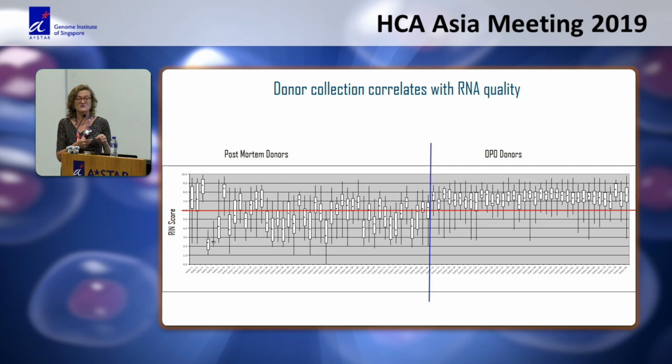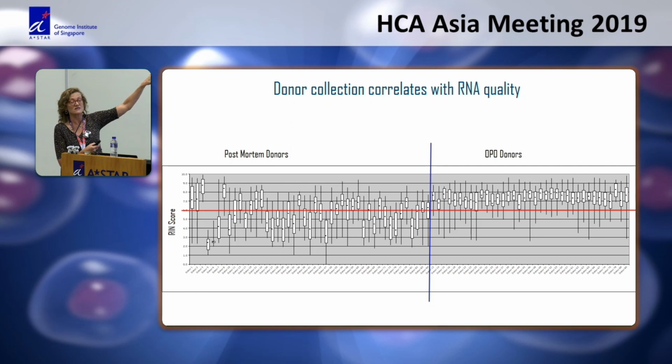The box plots represent the quality across all of the tissues that were sampled for them, and you can see that the RNA quality in those tissues is almost uniformly very high. On the left are these post-mortem donors, and you can see that it's far more variable. There's a handful of donors where the quality overall just fell below, and these ended up never making it into the GTEx study for RNA sequencing.